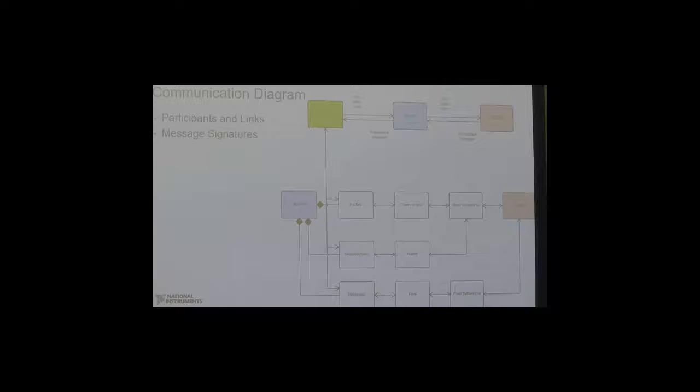Not in this example, but in a real bicycle. What about a triangle? Oh yeah. If it's an is-a, it's an open triangle.